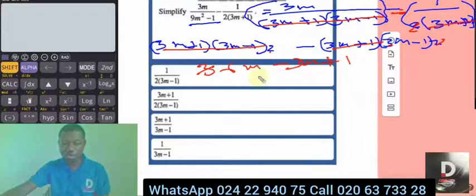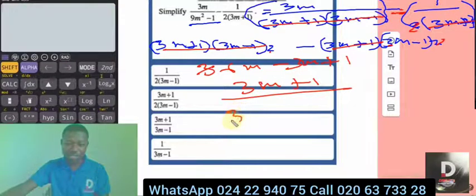So when you finish, write all over LCM. So let's see. What do we have here? 6m minus 3m will give us what? 3m plus 1. So we get 3m plus 1 all over the LCM. What is the LCM? The LCM is 3m plus 1, 3m minus 1, 2. So the 3m plus 1 cancels 3m plus 1, remaining 1 on top.